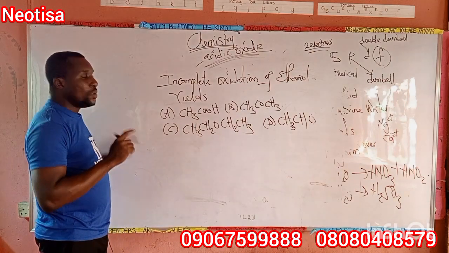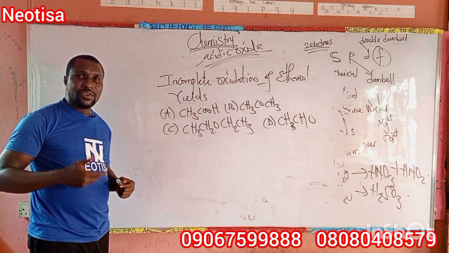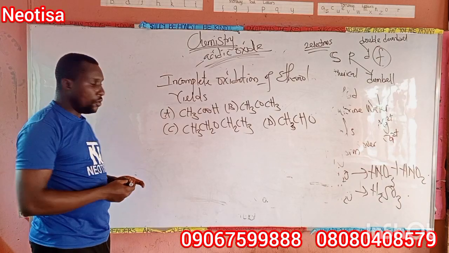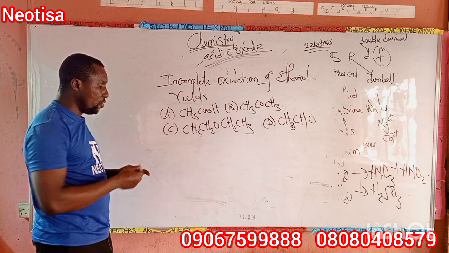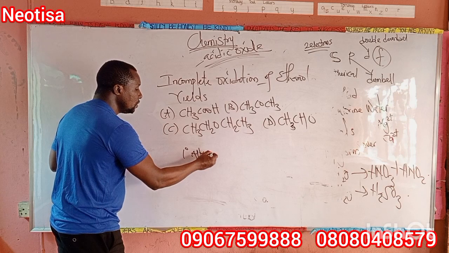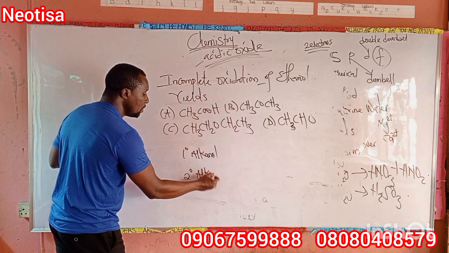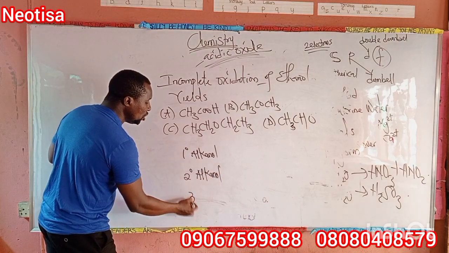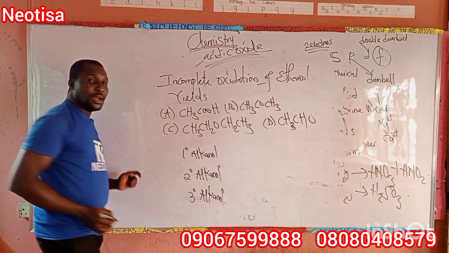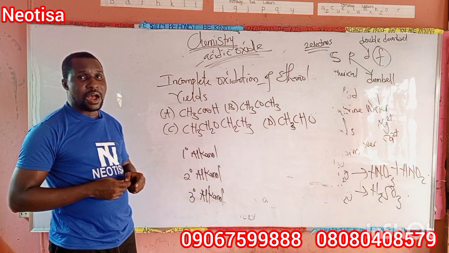Take note. We have what we call oxidation reaction of alcohol. Another name for alcohol is alkanol. We have three types of alkanol: primary alkanol, secondary alkanol, and tertiary alkanol.